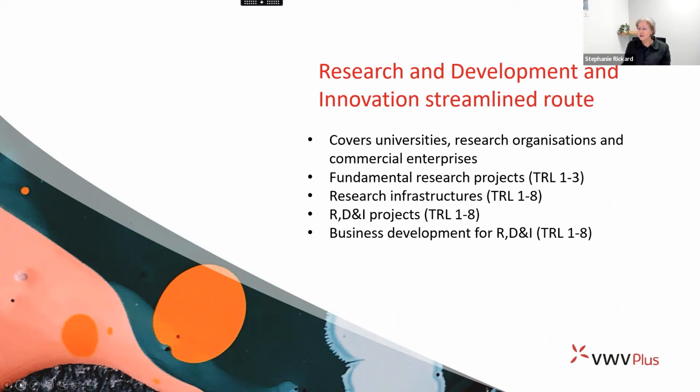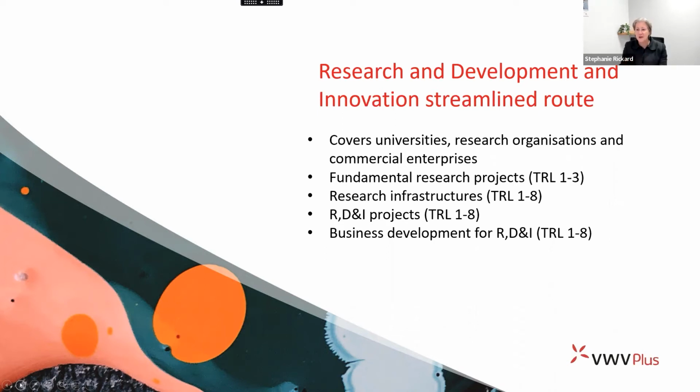Now, if I just go through what is covered within the scope of some of those categories. And I think it's helpful that the streamlined route makes reference to the TRLs now, instead of the definitions of fundamental, experimental, and innovative research, which was the previous definitions, and they were all quite complicated.